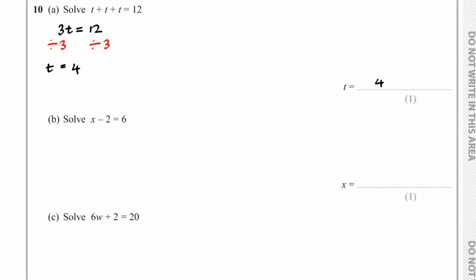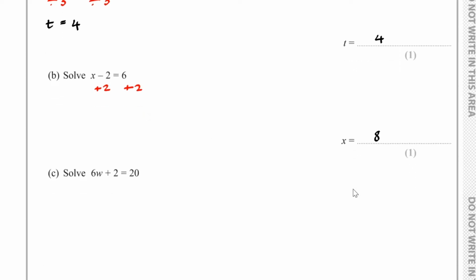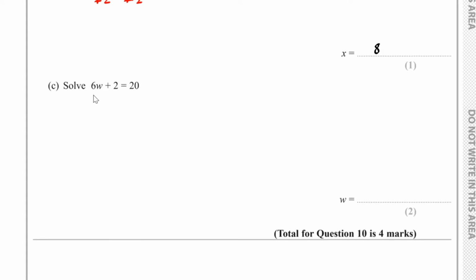For part B of the question, we have to solve x minus 2 equals 6. If I add 2 to both sides, we see over here x is equal to 6 plus 2, which is 8. For part C of the question, we have to solve 6w plus 2 equals 20.